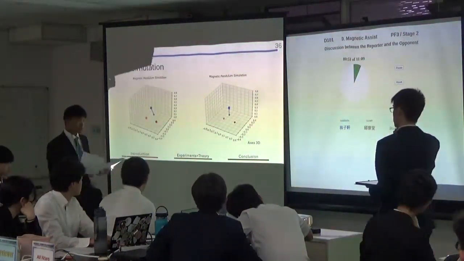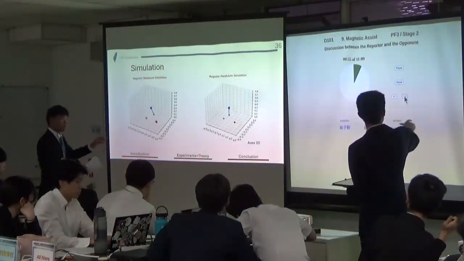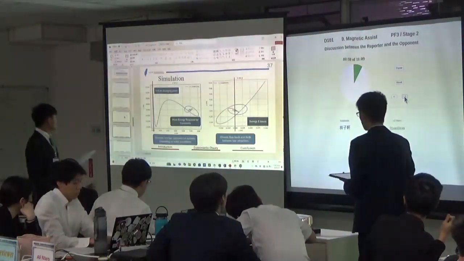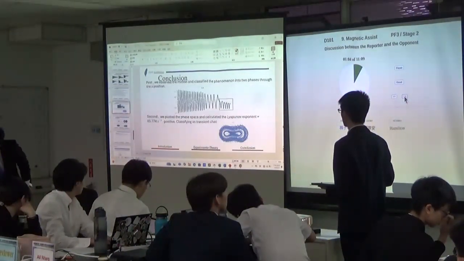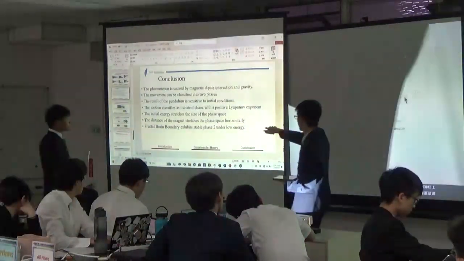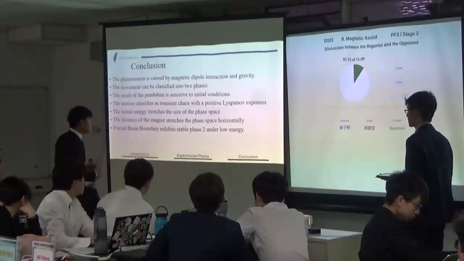Okay. So the energy part, you mentioned what is low energy and high energy. Can you please show the conclusion page? Here, under low energy, what exactly is the boundary condition?